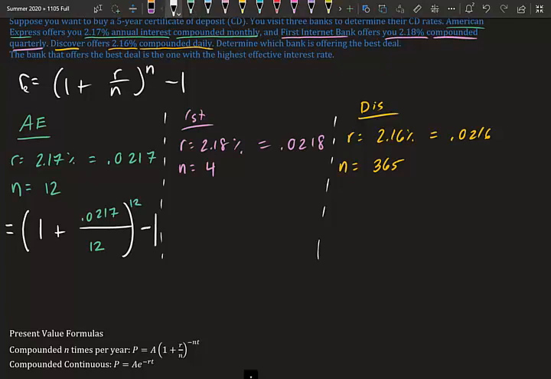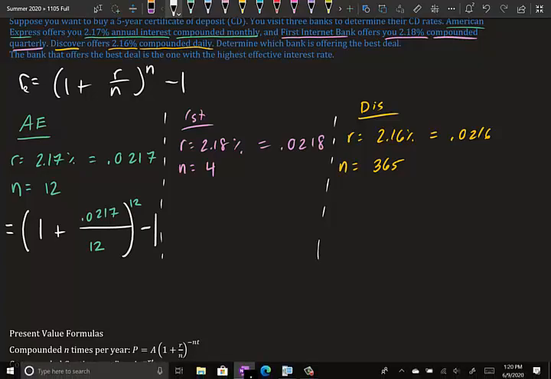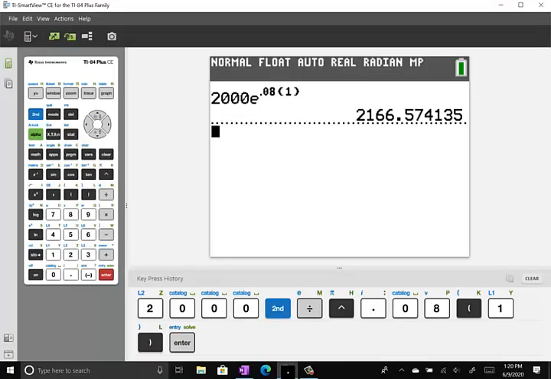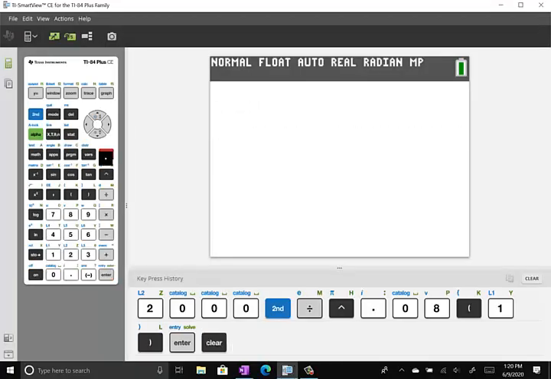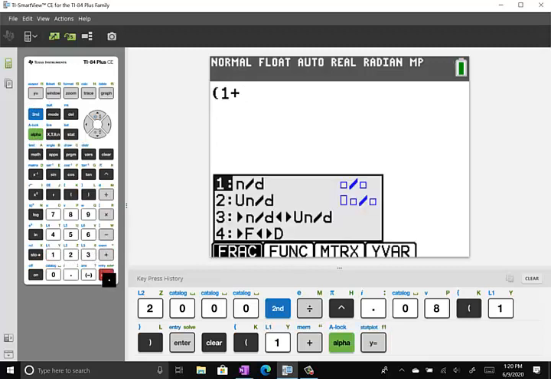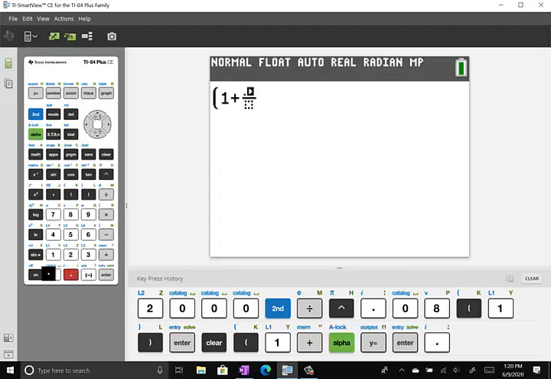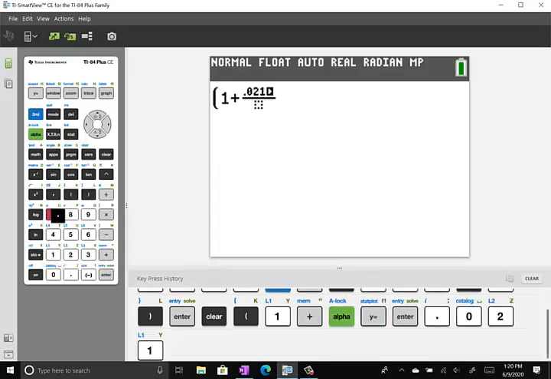So I will show you how to plug this into your calculator. I will only show you the first one because everything else is the same, just different numbers. Alright, so we have parentheses, 1 plus, we have a fraction, so alpha y equals enter, and 0.0217.